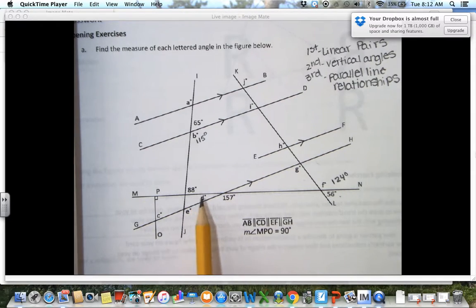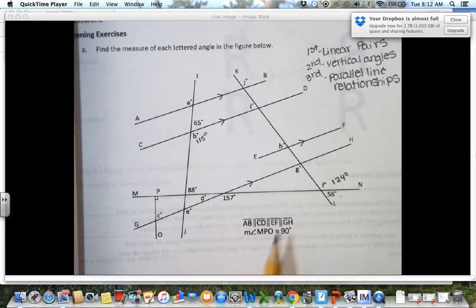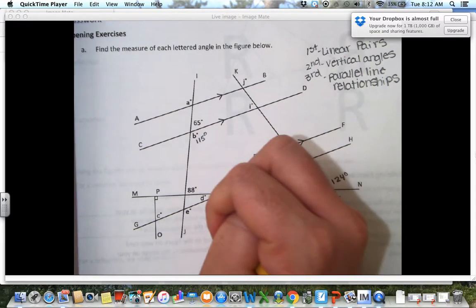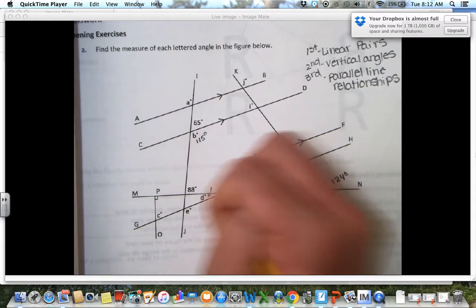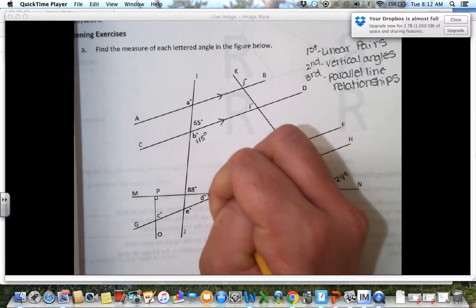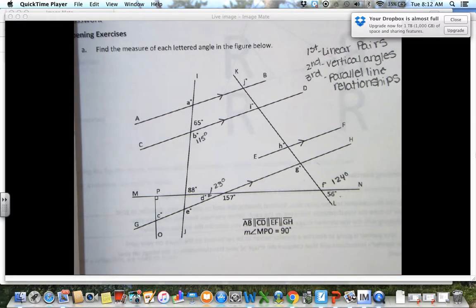Both of these angles, angle D and this 157 degree angle, are on line MN. We take 180, subtract 157, and we get 23 degrees. I'm going to draw a little arrow so it doesn't get crowded. 23 degrees is angle D.